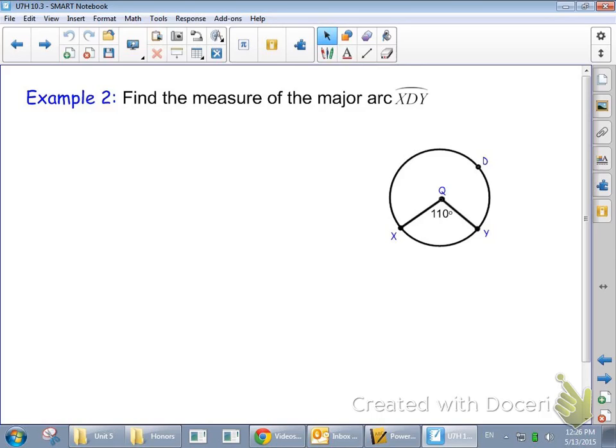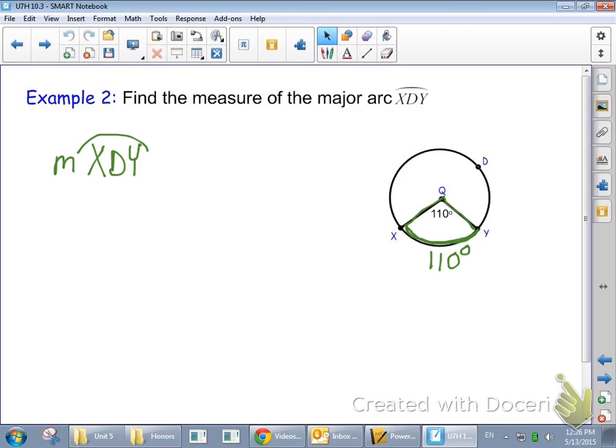Our next example, go ahead and try this one. Find the measure of the major arc XDY. Okay, so in order to find the measure of arc XDY, if I know this central angle here is 110 degrees, then I know that the arc measure is also 110 degrees.